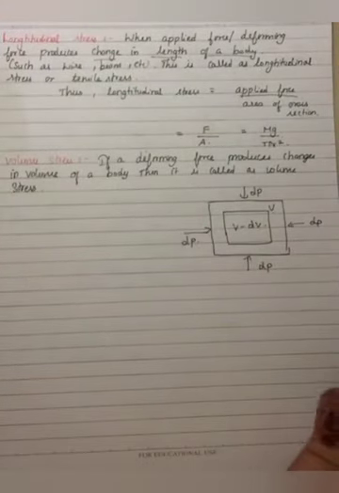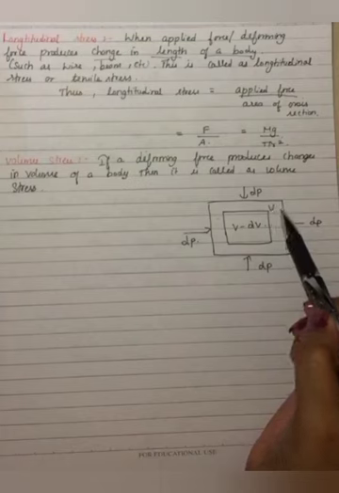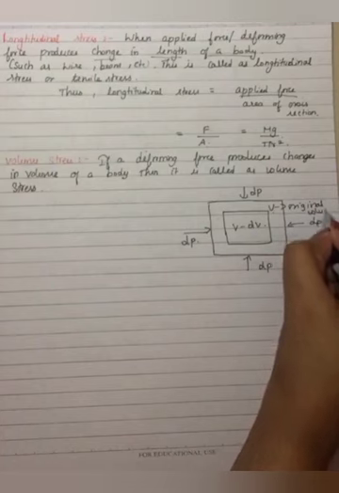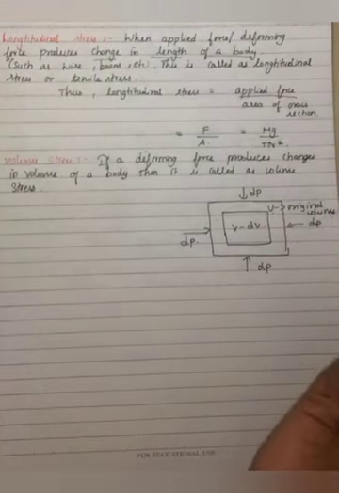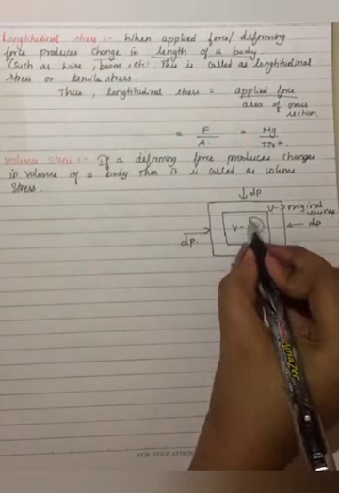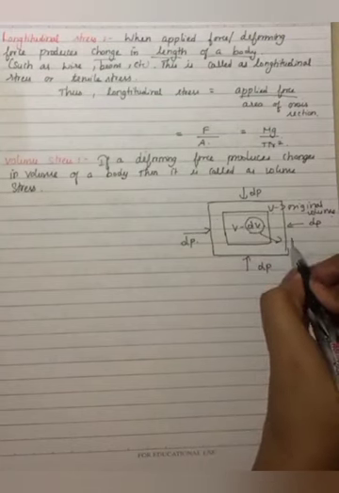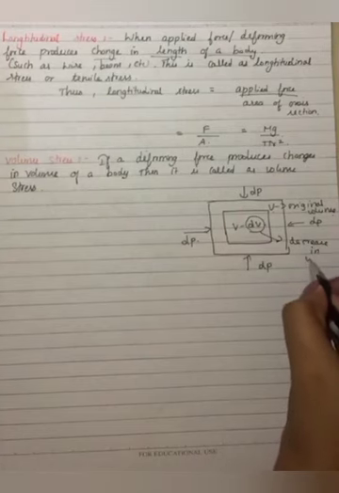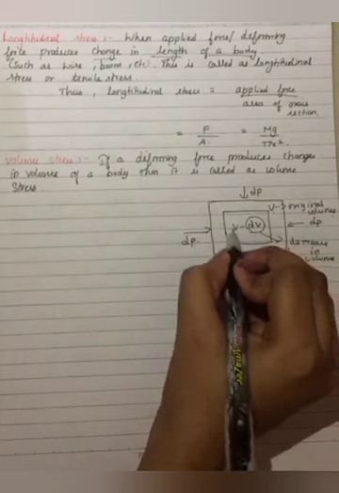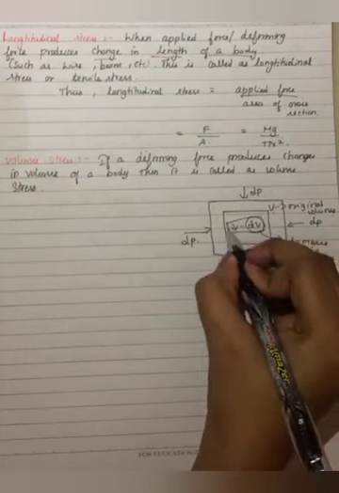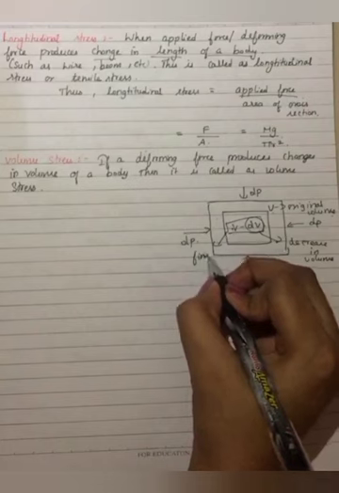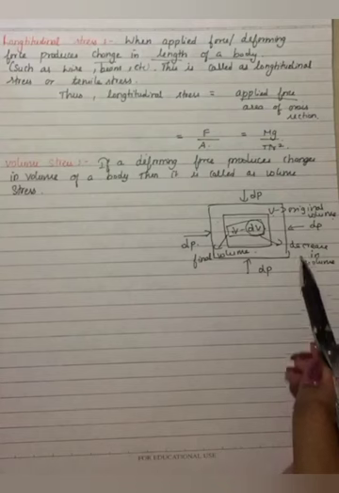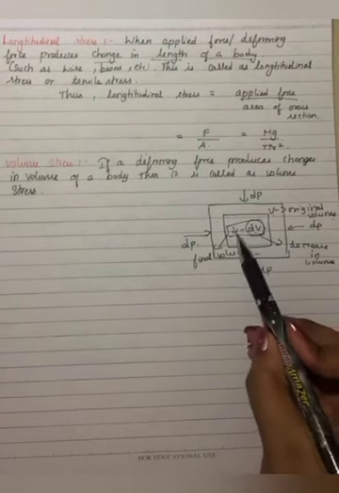Here V is the original volume, and dV is the decrease in volume, and V minus dV is the final volume.